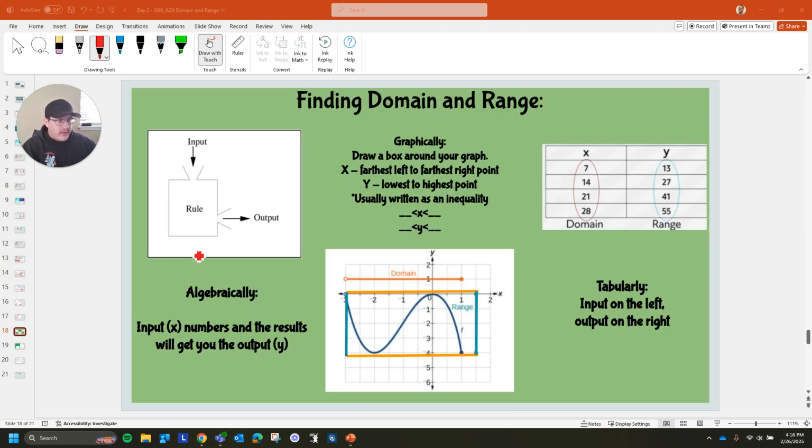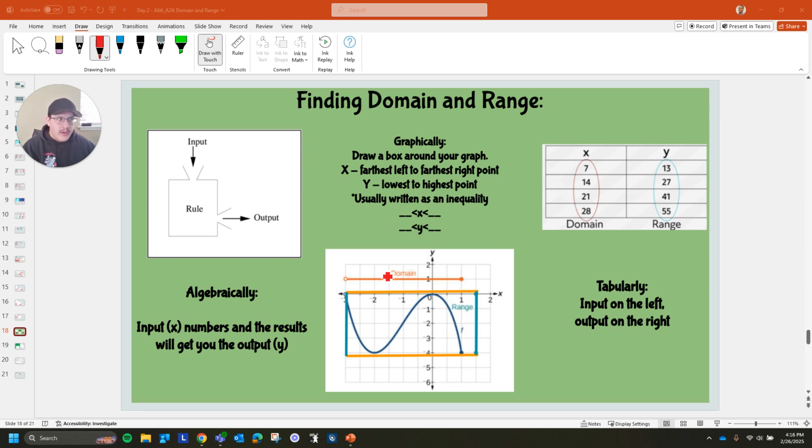Okay, just some things to kind of help you more visualize what you're supposed to be doing. For finding domain and range, algebraically, when you input x values, those x values that you input are your domain values. And any number that you get out, i.e. the answer from your calculator or from your calculations, those are your y values.